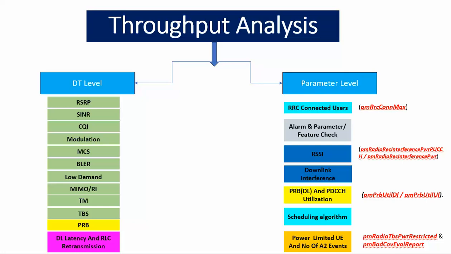Throughput may be low due to many-level issues. It may be at the DT level or parameter level, and it is also layer-wise. If there is a physical layer issue, or a MAC layer scheduling issue, all are responsible, so we need to check one by one.